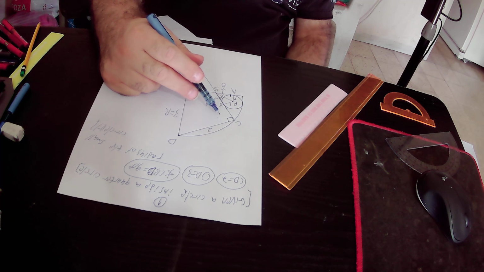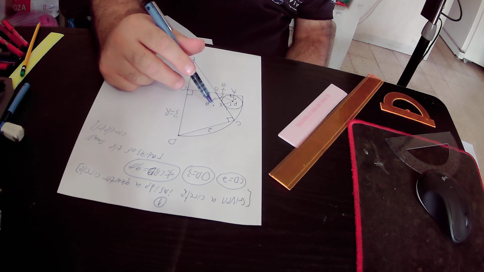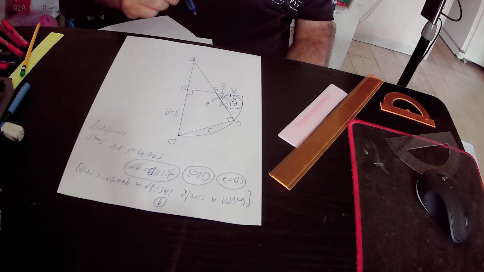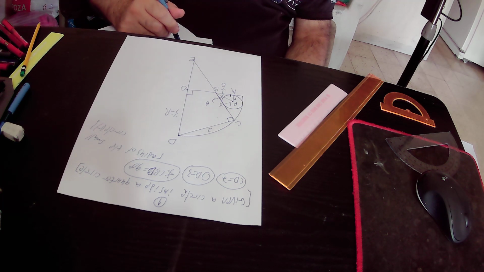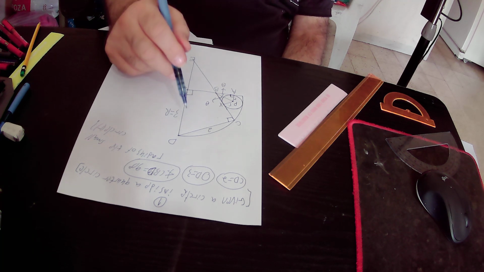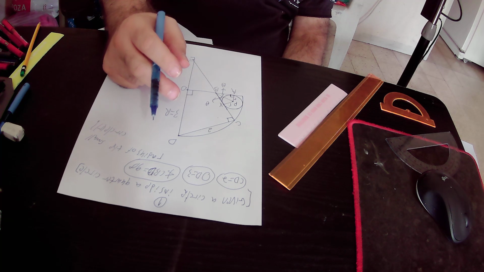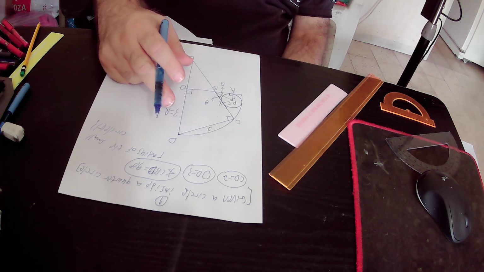So we have here a peripheral angle that equals 90 degrees, and according to the rule that I read one minute ago, any peripheral angle that equals 90 degrees rests on the diameter of the circle. Peripheral angle DCE that equals 90 degrees rests on DE.